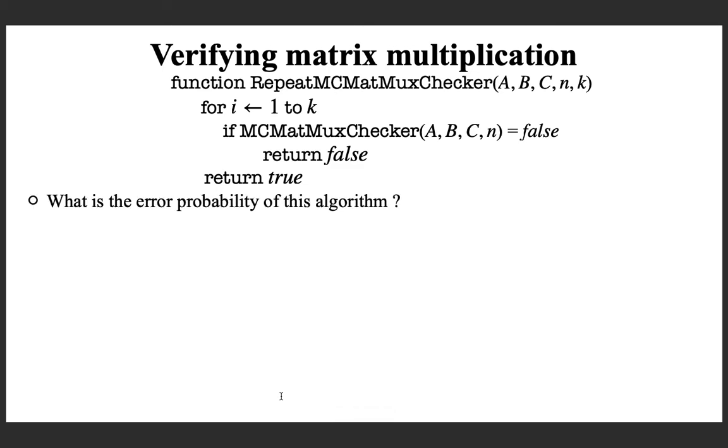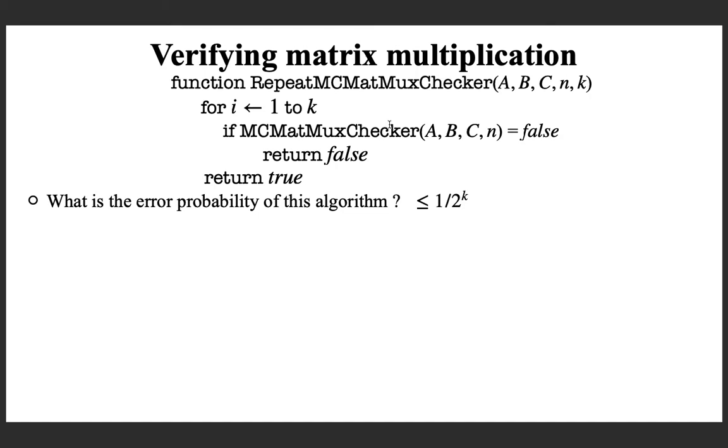And what is the error probability of this algorithm? If this algorithm returns false, then it is correct. It is not correct when the algorithm returns true and the matrix C is not the product of A and B, but for all the k times you execute, it returns true.